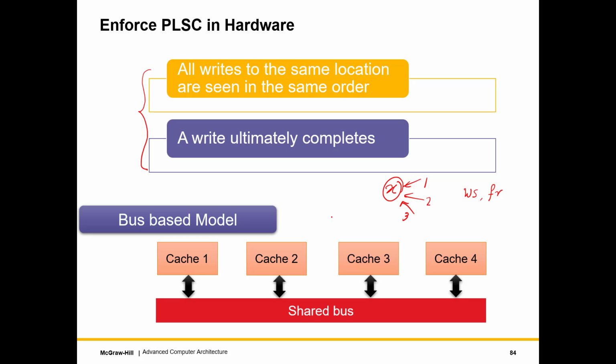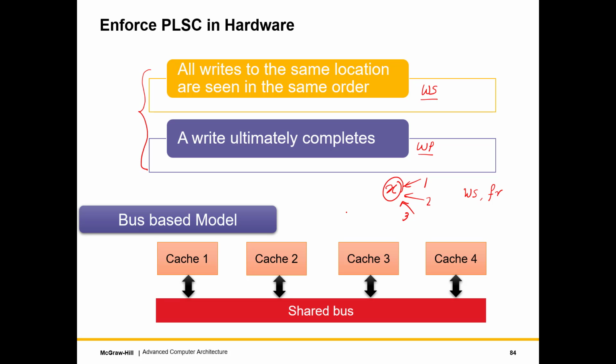It means a write message is never lost. So let us call this the write serialization condition, and the write completion or write propagation condition. These are the two basic axioms that we need to ensure for creating any cache coherence protocol.